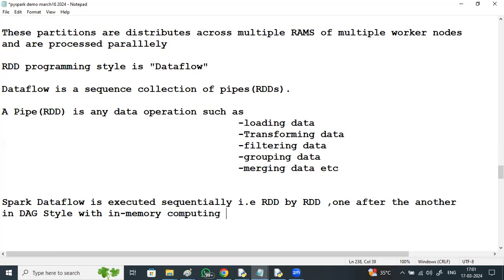That means a directed acyclic graph, with the in-memory computing feature and the persistence feature.